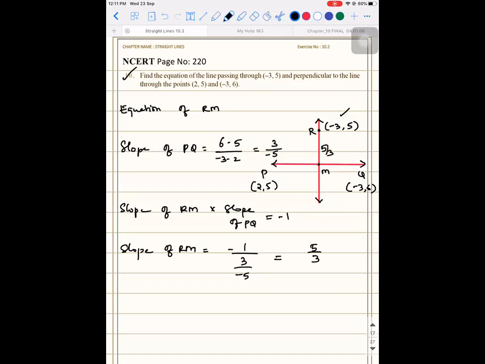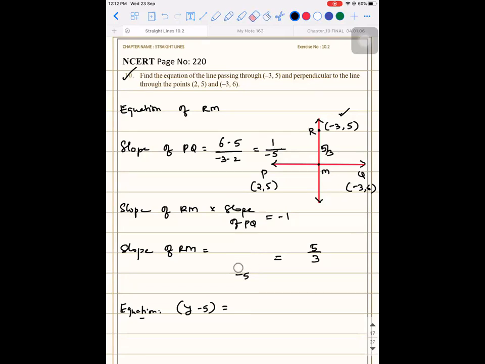So you know the slope, you know the point. So what will be the equation? Sir, Y minus y1. I have a doubt. Yeah, tell me. For slope of PQ, it should be 1 by minus 5, no, sir. Oh, it is 1, right? Sorry. 1 by minus 5.